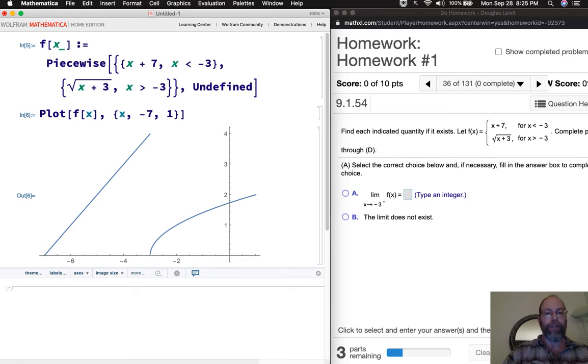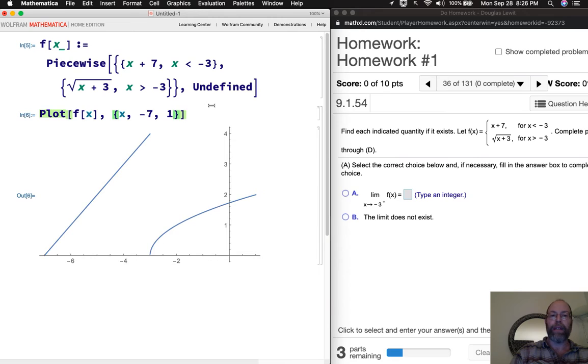Not a bad picture. We can make the picture even better. We could say ticks. The vertical ticks look okay. The horizontal ticks could look a little bit better. Table.